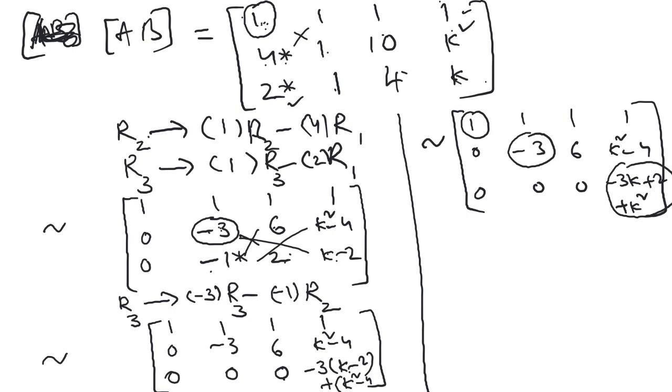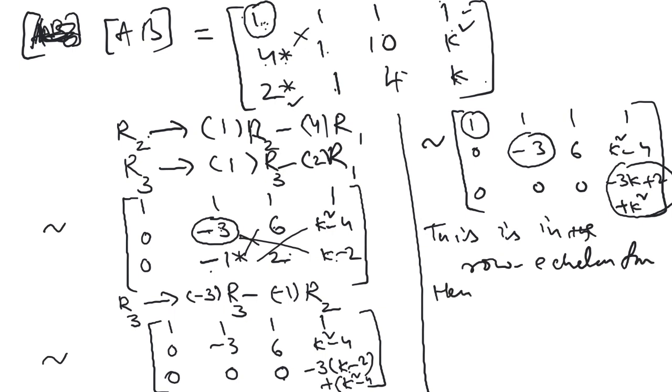That is why this is in the row echelon form. Hence, let us see what the rank of A is. That means the portion of A which is equivalent to the first three rows is in the echelon form.